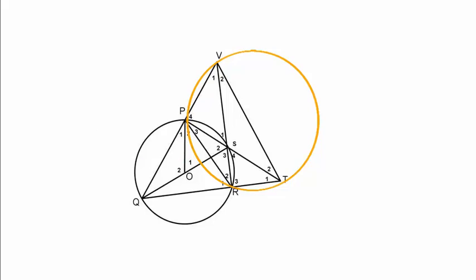So now I must prove that OP is a tangent, and he just said, okay, let's use the chord PR. If PR is the chord, what is the angle in the opposite segment?